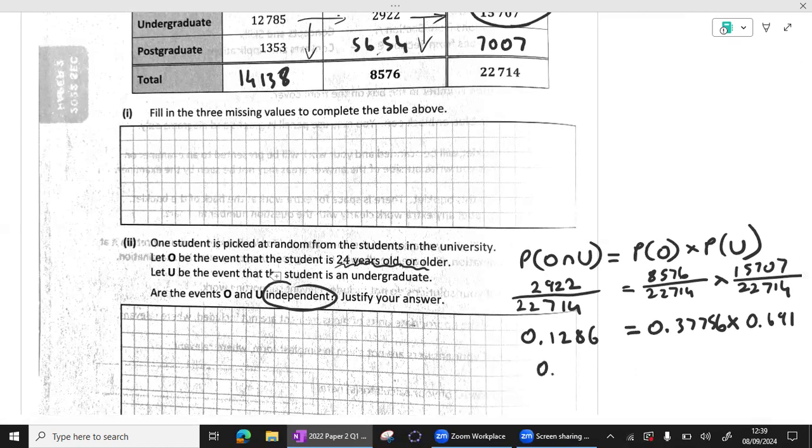Now, it doesn't give me the same, so I end up getting 0.2611 to 4 decimal places. They are not equal, so they are not independent of each other.